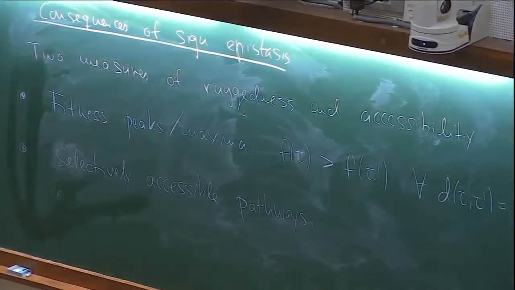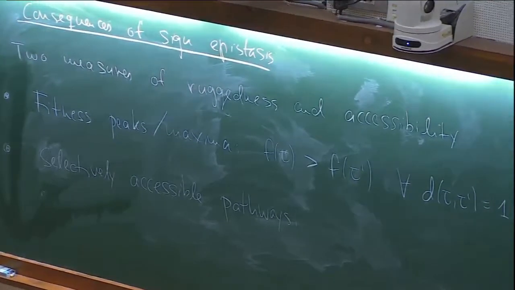So here the idea is that you move around in your space along the link. So you do one mutation at a time, and this defines a pathway. And you say that such a pathway is selectively accessible if fitness increases in each step. Okay, so this is a picture that is really based on the low mutation regime that Daniel was talking about.